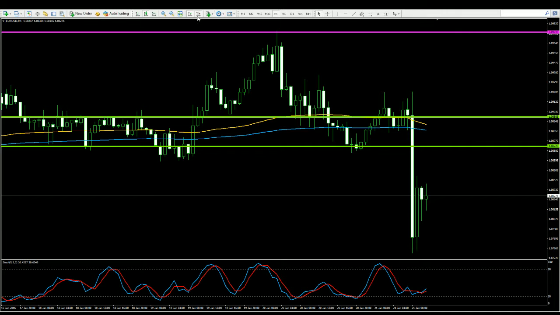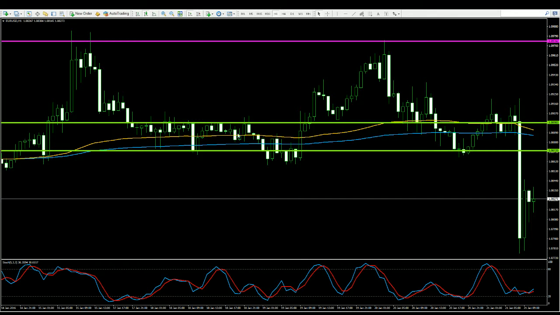So if we look back a little bit here in this area, right, so great, now you can see it. In this area there's a tight range, as you can see. So volatility here has not been that big.